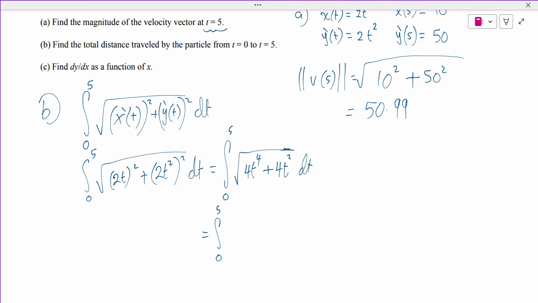Well, what do they have in common? They have the square root of 4t squared in common.